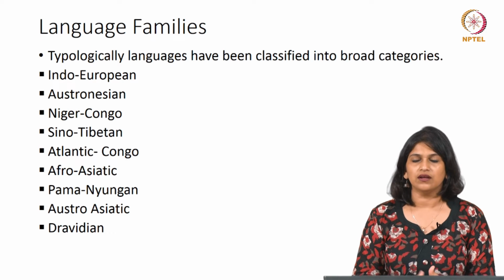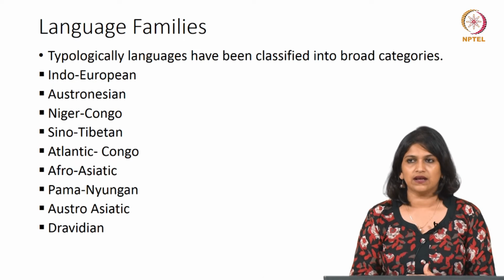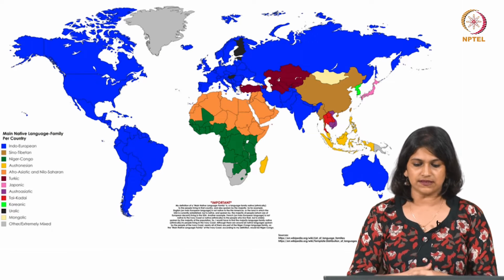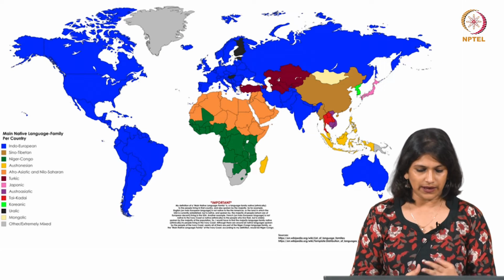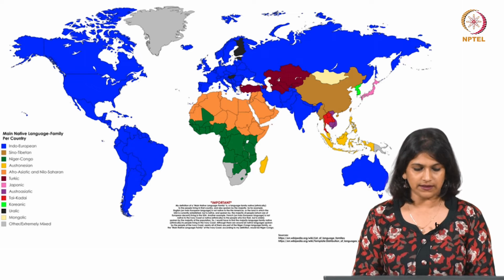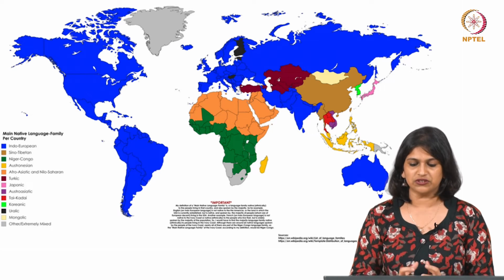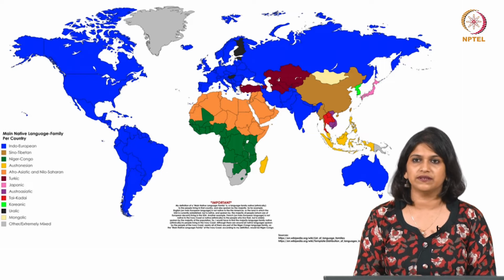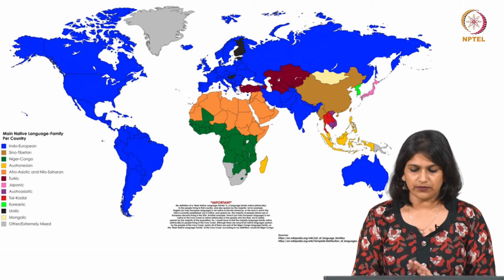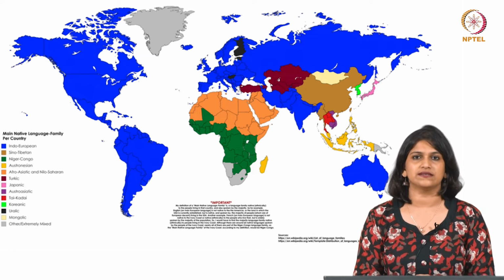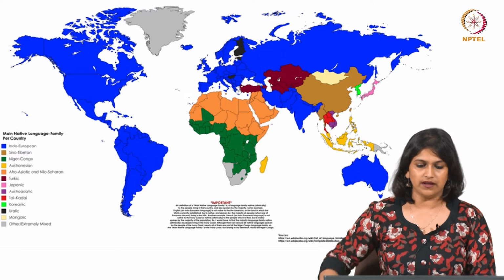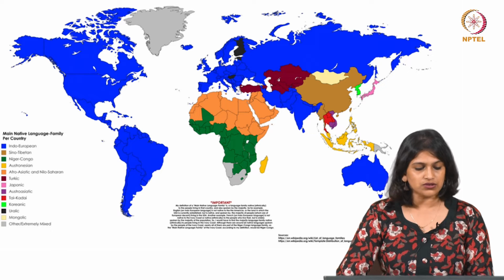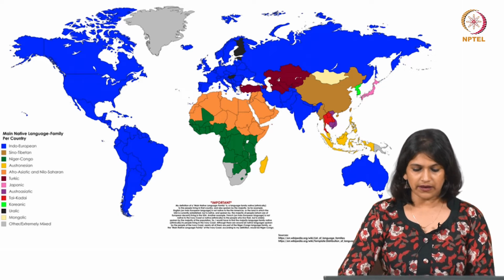These are a few prominent language families found in the world. And this is a map that you can see. Look at all this blue shaded area. These are the languages which belong to the Indo-European language family, which has the highest number of speakers. The biggest speech communities belong to the Indo-European language family. Look at how blue it is.